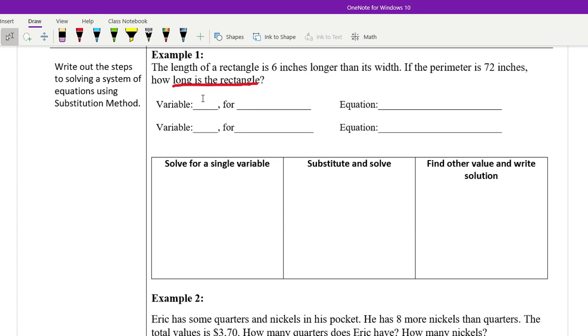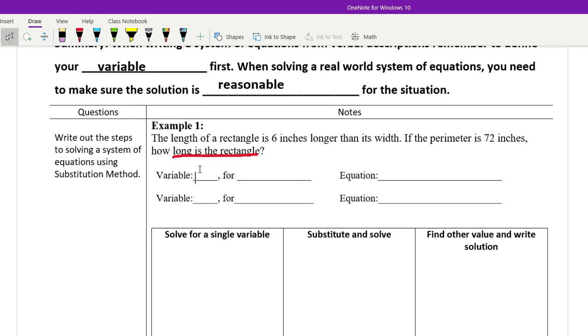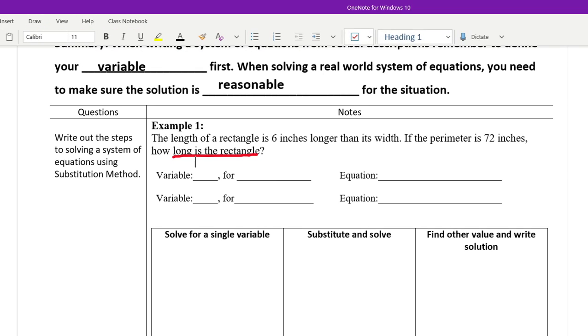We know that we're dealing with perimeter, which means that we are going to have a variable L and a variable W. I want to keep that lowercase l.